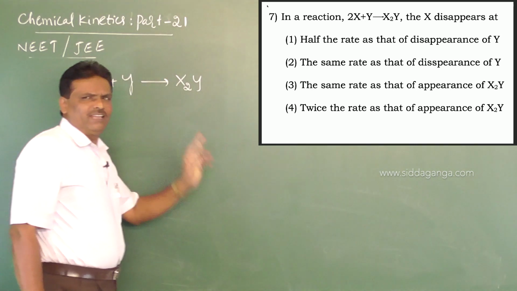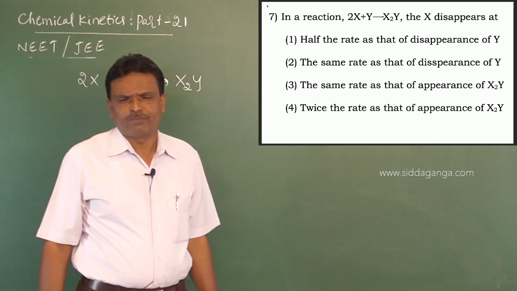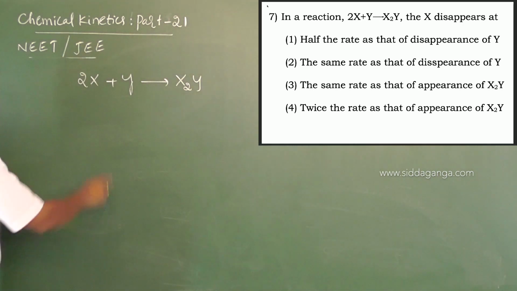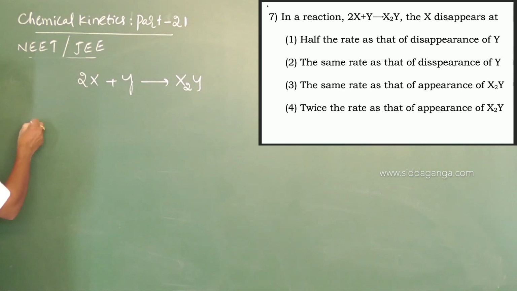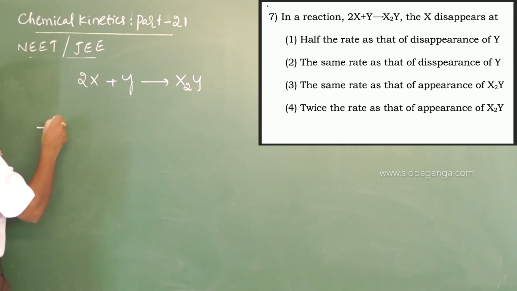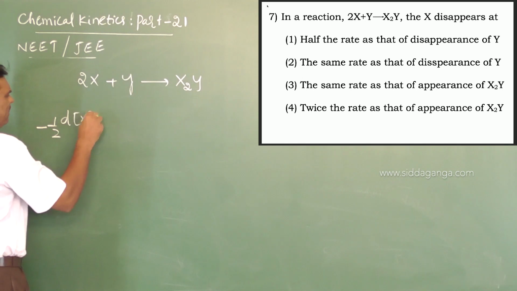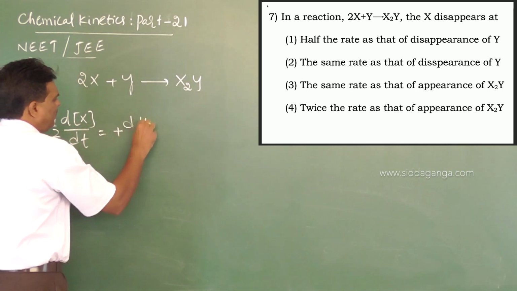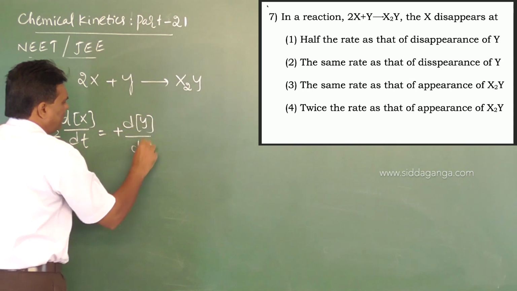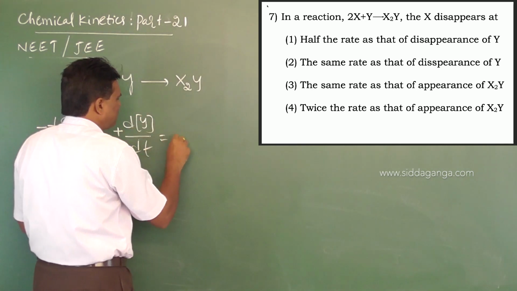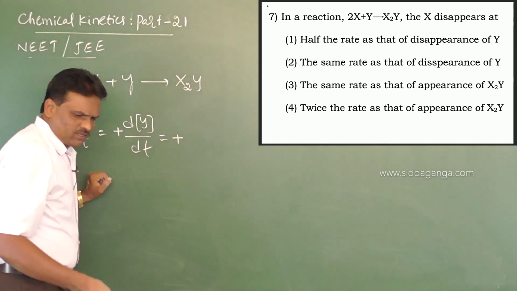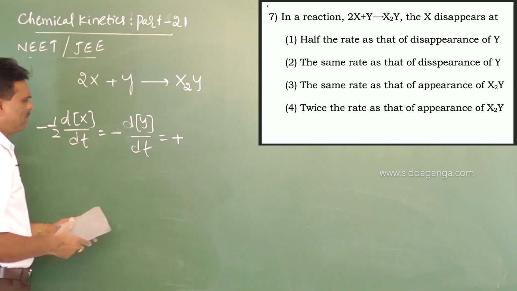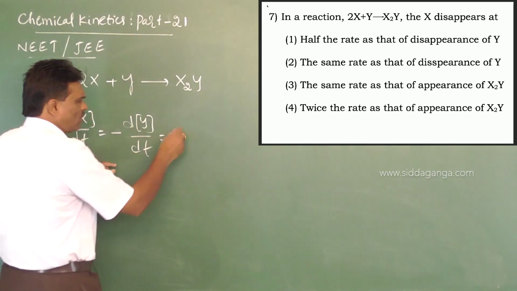To find the disappearance of x, we have to write the instantaneous rate equation. So for this equation, minus 1 by 2 into dx by dt is equal to minus dy by dt, which is equal to plus dx2y by dt. Here minus, since it is a reactant.